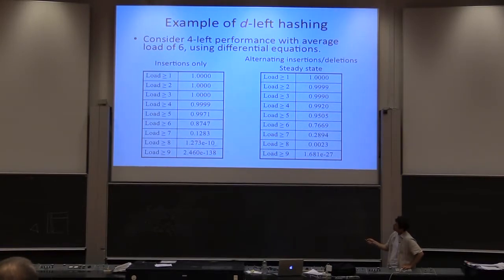You can see that, as you might expect, I'm going to see things with load 7, but I'll almost never see things with load 8, and I'll certainly never in the real world see anything with load at least 9. So I could guarantee that if I was trying to throw 6n balls into n bins, as long as I made the capacity 8, I should be totally fine.